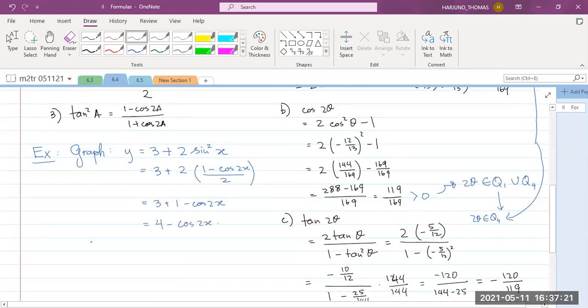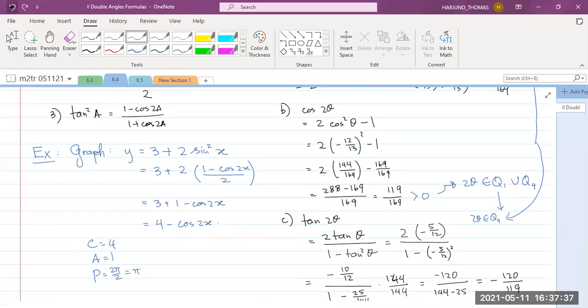Now from there you can tell the center is 4 and the amplitude is 1. The period is 2 pi over 2, which is pi, right? On Thursday, you need to know how to graph this. The phase shift is 0. You don't shift that anywhere.